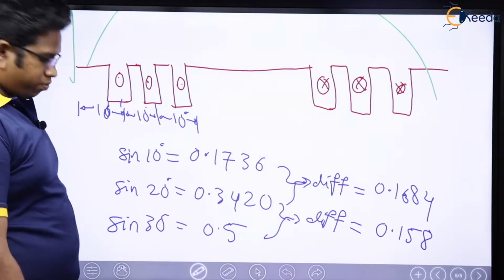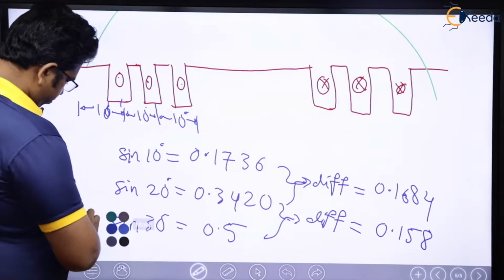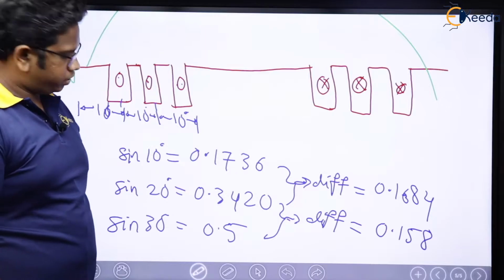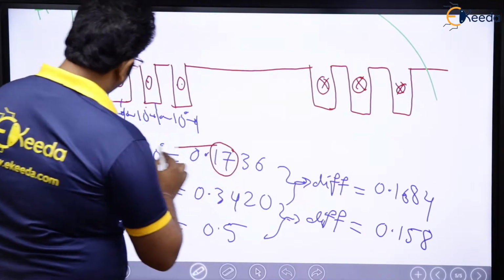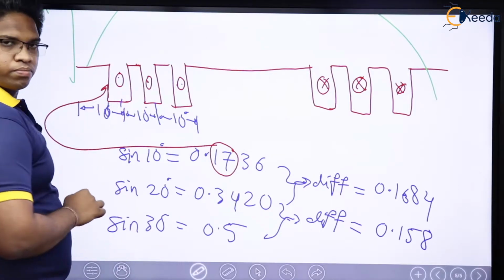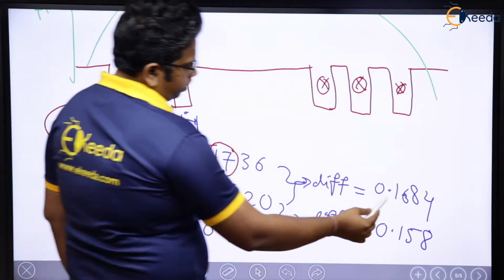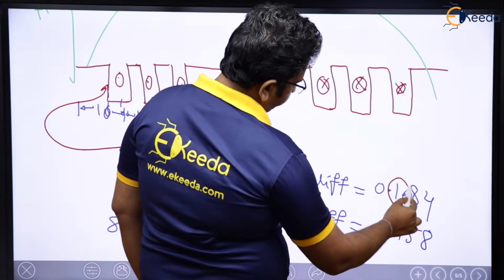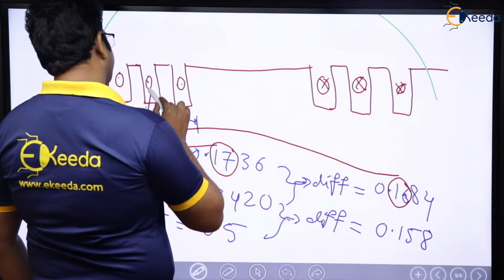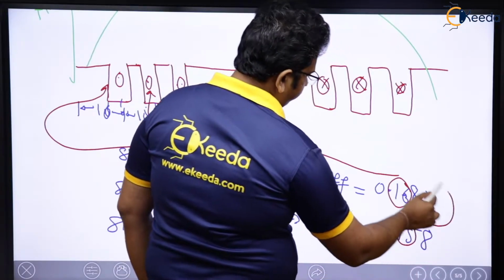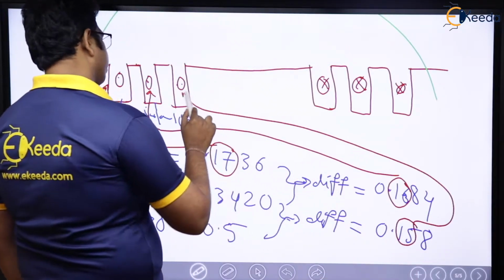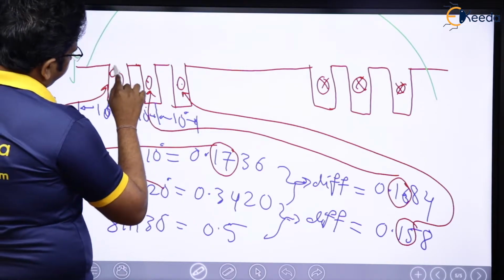Now see here. What I am saying is, let me have 17 conductors here in the first slot. Let me have 16 conductors in the second slot, and let me have 15 conductors in the third slot. Means now conductors will be increased.